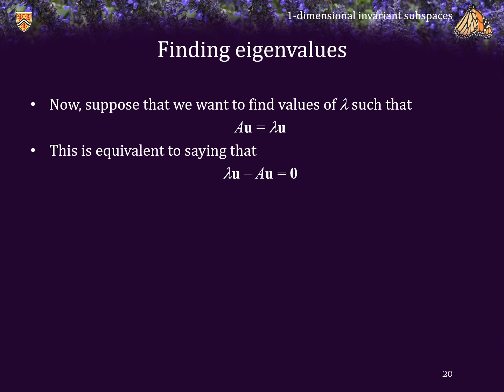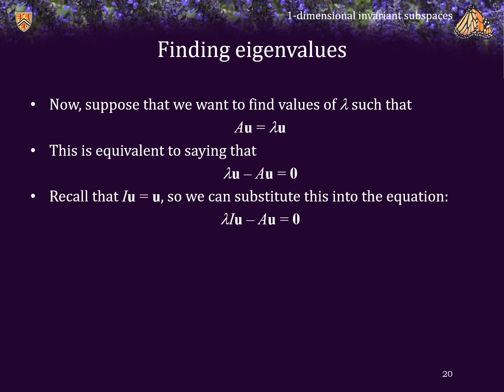Now, lambda is a scalar, A is an operator, so we can't do anything with that combination. However, recall that the identity operator times U is equal to U, and so we can substitute U with the identity operator times U into the equation.